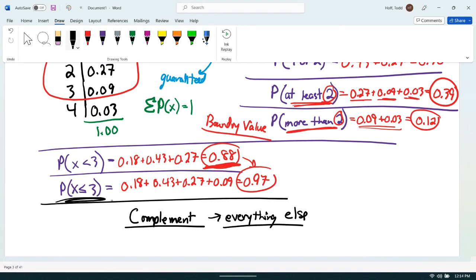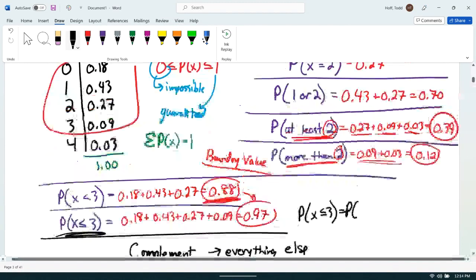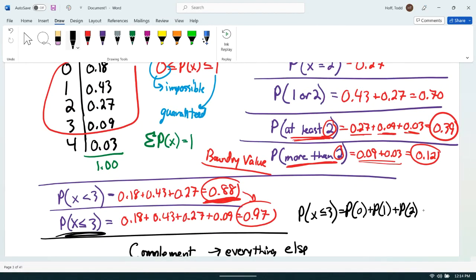Well, the probability of being less than or equal to 3 included the probability of being 0, plus the probability of being 1, plus the probability of being 2, plus the probability of being 3.